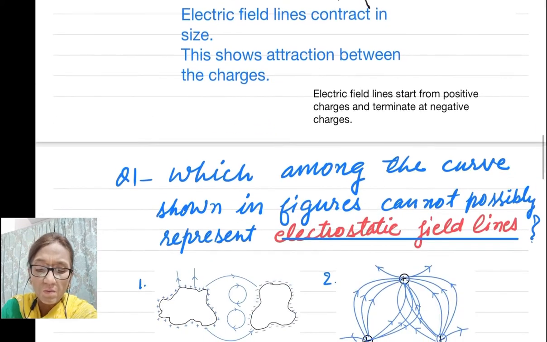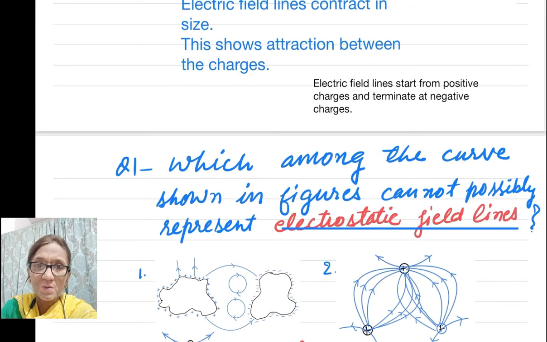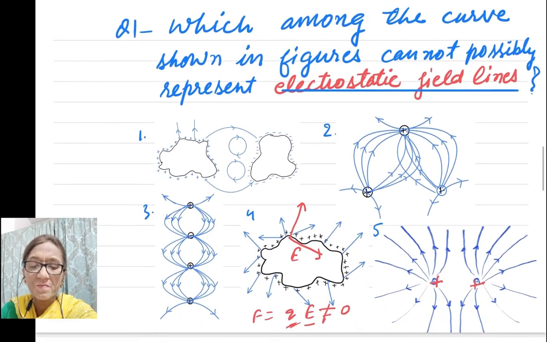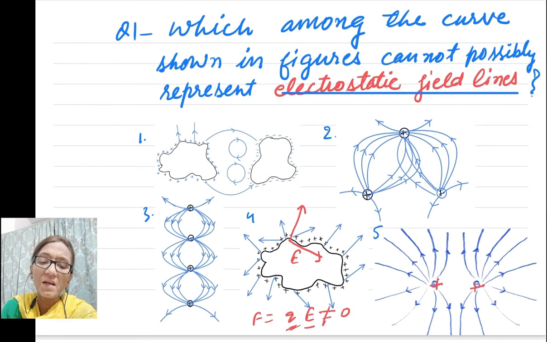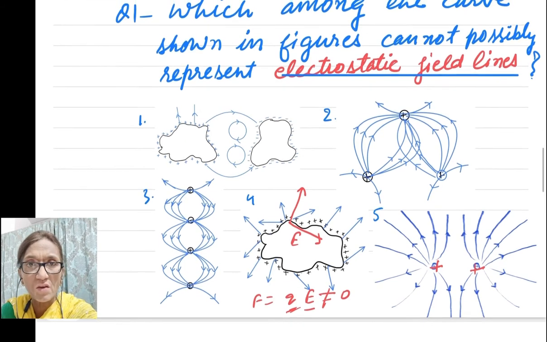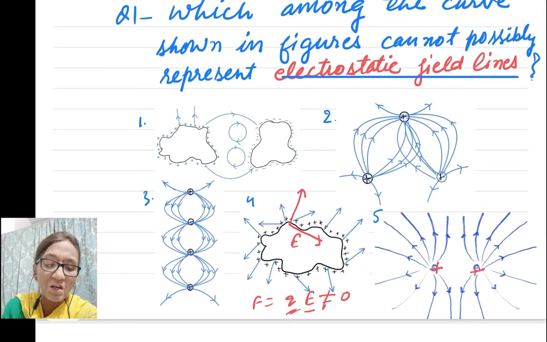So now let us see some questions. Question number 1. Which among the curves shown in the figures cannot possibly represent electrostatic field lines? So here curve number 1.